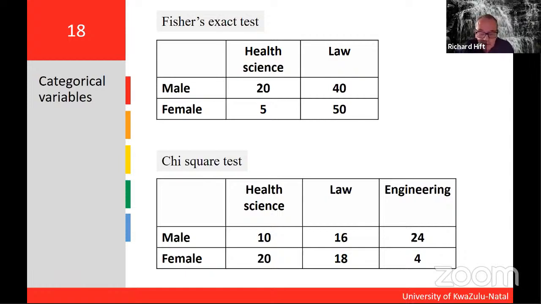So if you write in your methods that you did Fisher's test, but it was on data that consisted of 3 faculties and 2 genders, well, then again, you're giving away your lack of literacy in how your results were analyzed. Fisher's test can only be done on 2-by-2 tables. Chi-squared can be done on anything, including 2-by-2 tables, but because Fisher's exact test is a little more accurate under certain circumstances, we normally just use that.